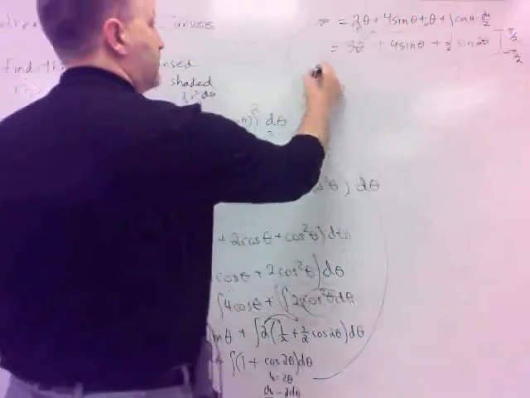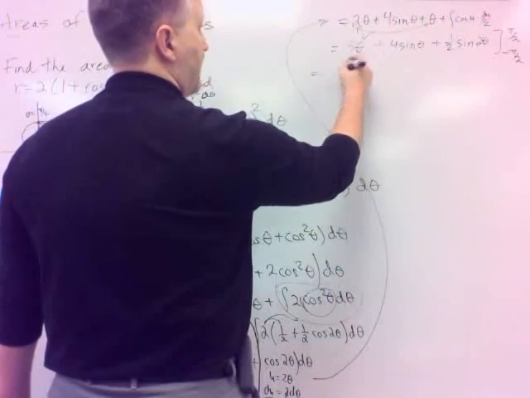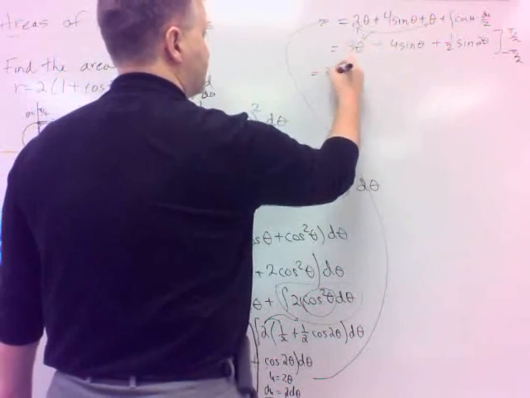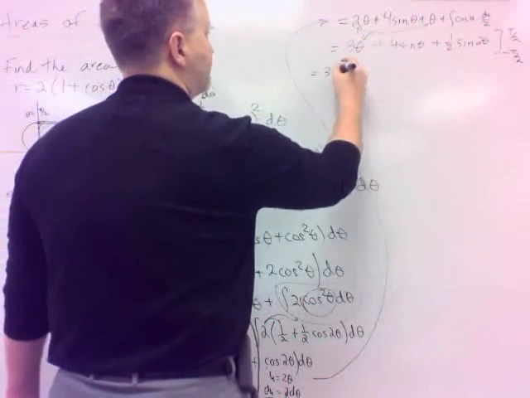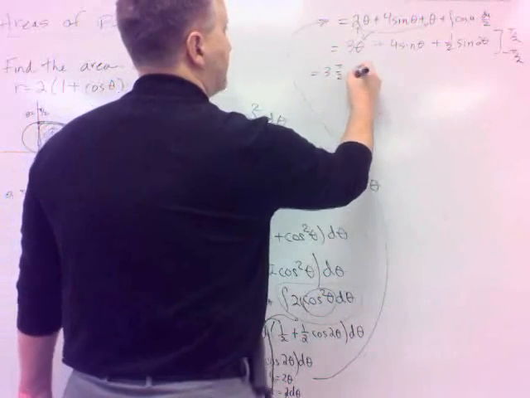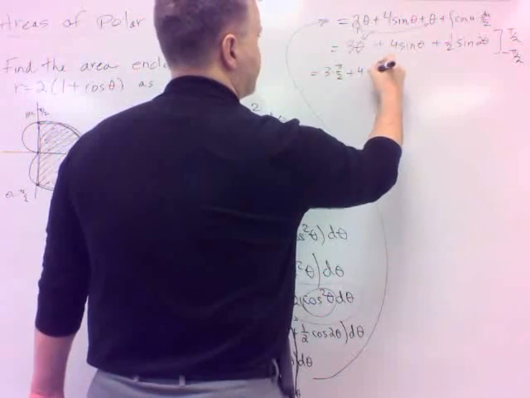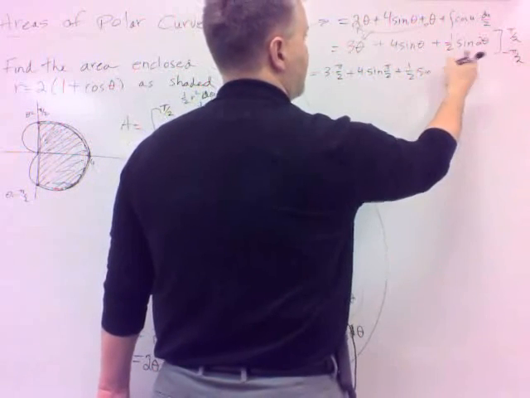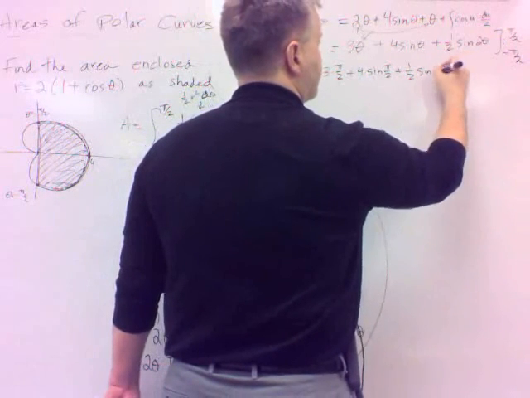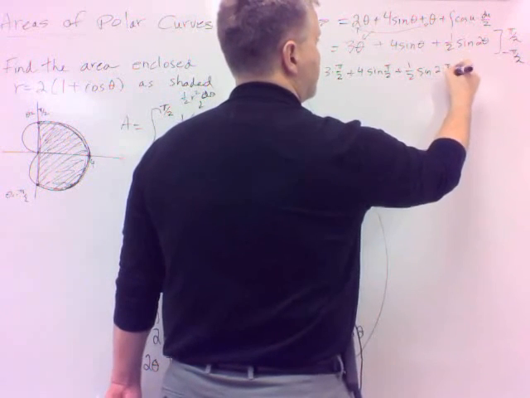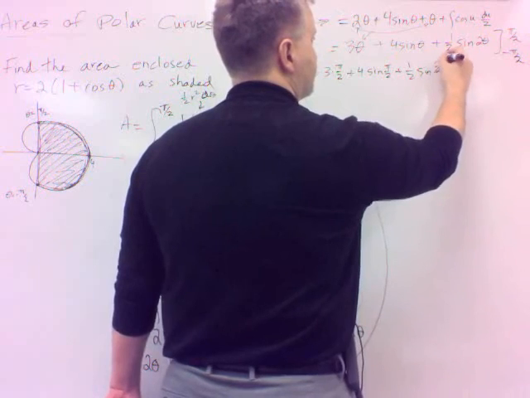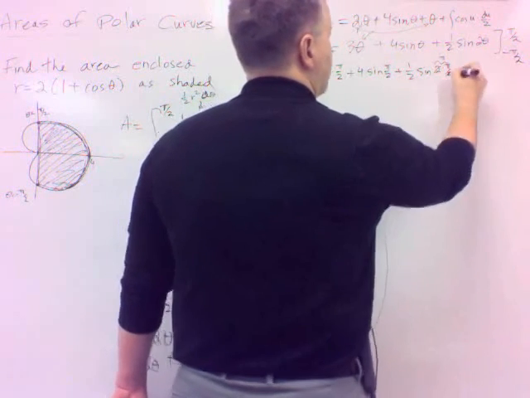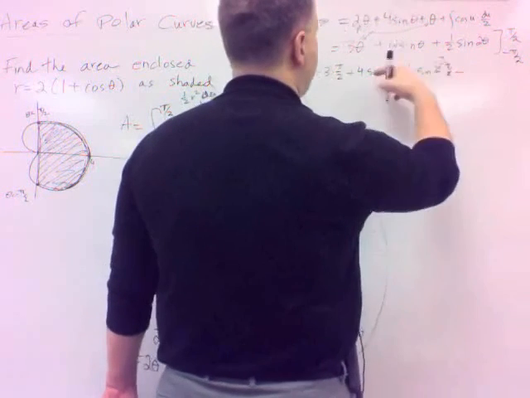Okay, well, no biggie. It'll be 3 times theta, so it'll be 3 times pi over 2, plus 4 times sine of pi over 2, plus 1/2 the sine of 2 times pi over 2. So that's just going to be pi, isn't it? And then I go minus, plug in the negative pi over 2.